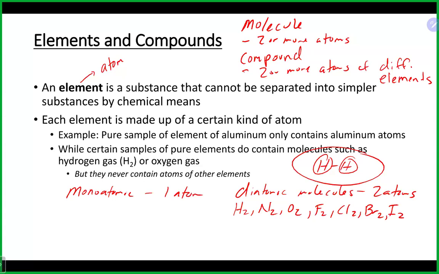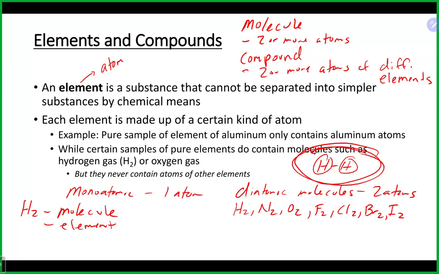So, for example, if we just look at two examples, H2, as we just saw here, has two atoms together. It is a molecule. All of those atoms are hydrogen, which means it is actually an element as well. But H2 is not a compound, because it only contains hydrogen atoms.